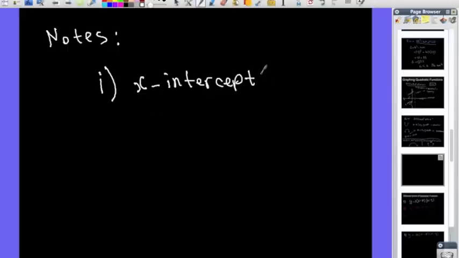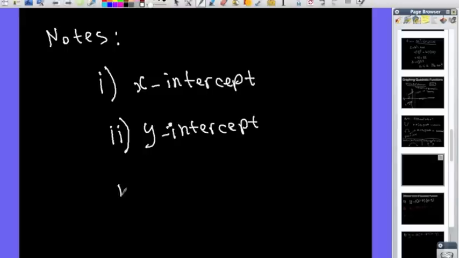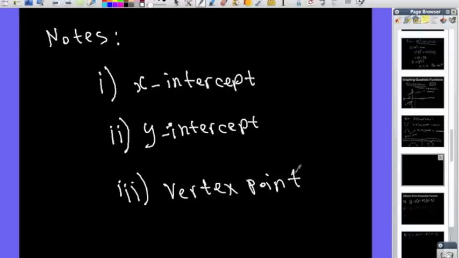If yes, then the second thing you should look at is the y-intercept. And then the third thing we need is the vertex point. So these are the things you need to know.